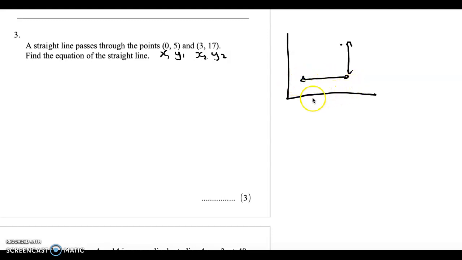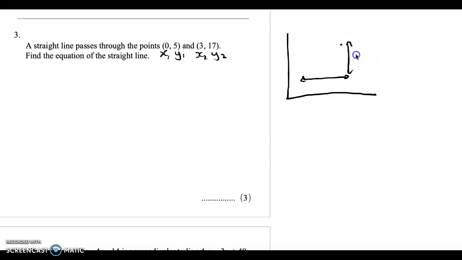Okay, so I think this is x. To get this length, we need x2 minus x1. And the height will be y2 minus y1, because if we just have y2, it's all of this length. So we minus this coordinate, and it gives us this length.